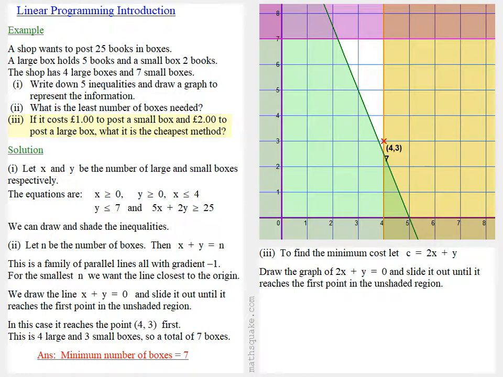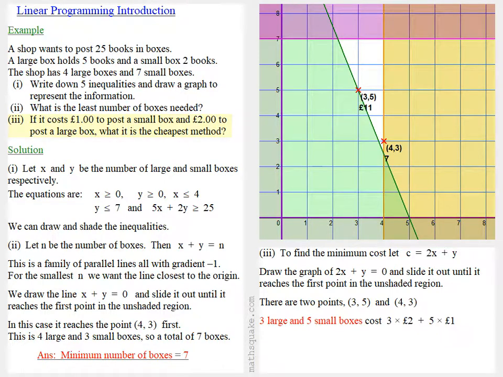So if we draw the graph of 2x plus y equals 0, and then slide it out until it reaches the first point in the unshaded region, we get there are 2 points, (3, 5) and (4, 3).